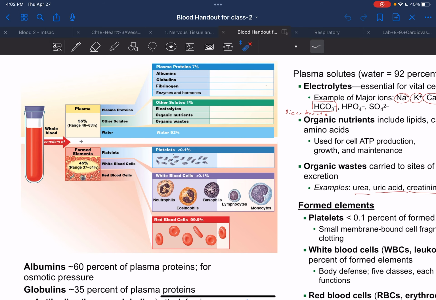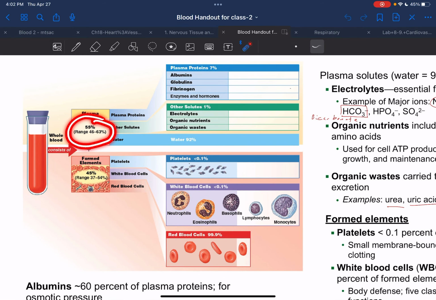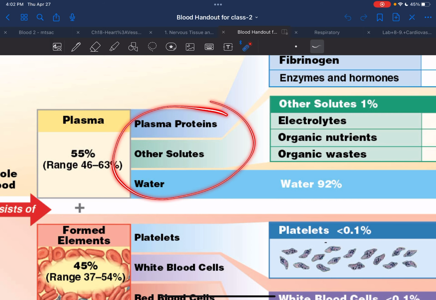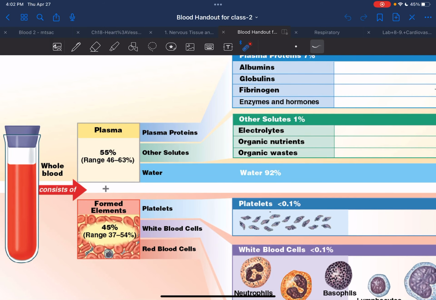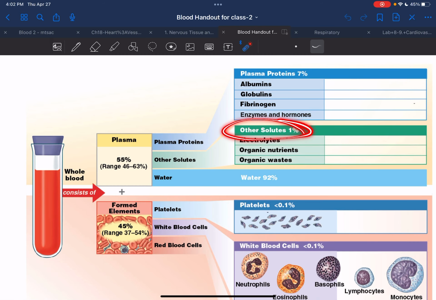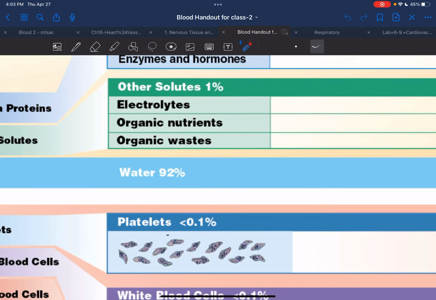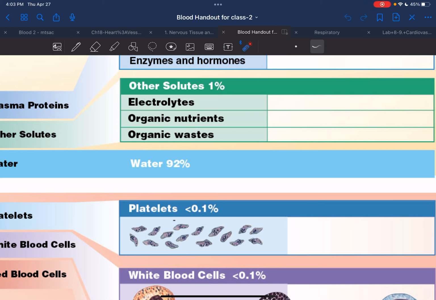All right? We need to know our percentages of plasma. We need to know our percentages of formed elements. We need to know what are the components of plasma. And we also have to know the percentages of those components. Okay? We need to know examples of electrolytes. We need to know organic nutrients. What are our organic nutrients that we always just completely repeat over and over again?